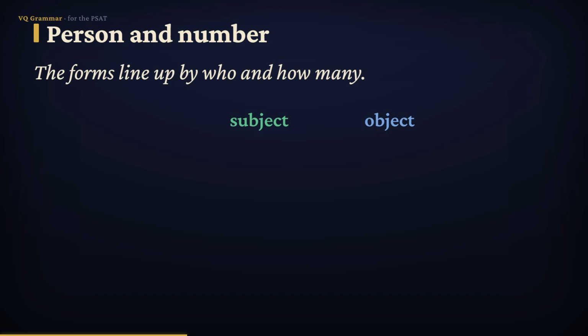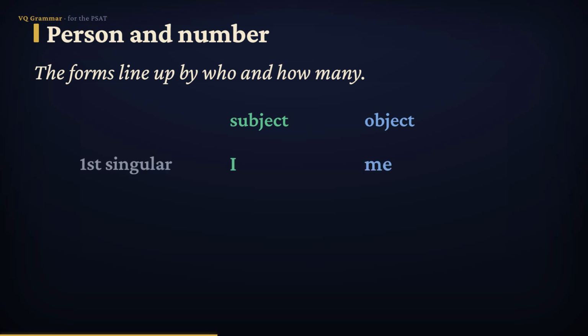Personal pronouns also change by person and by number. Person tells who. First person is the speaker. Second person is the listener. Third person is someone else. Number tells how many, singular or plural. Watch how the forms line up.